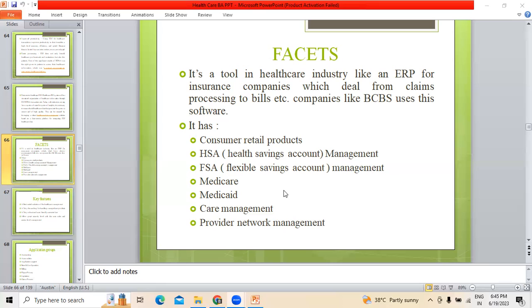This distribution depends on the kind of government policy and where they want to give more importance. Usually in any government policy, there are two major welfare activities: one is education and the second is health.